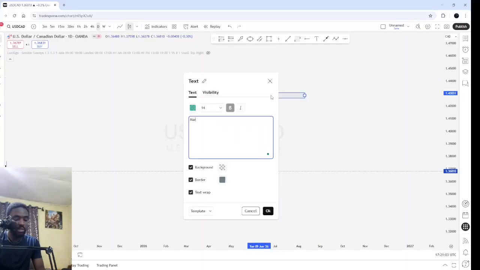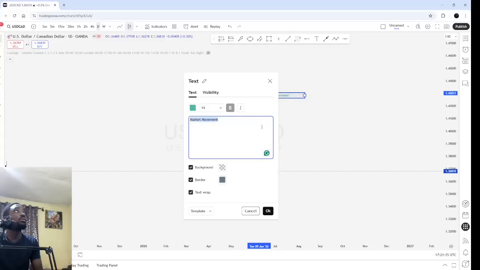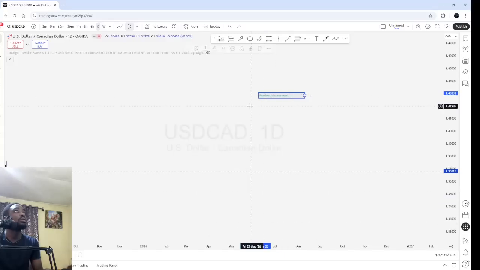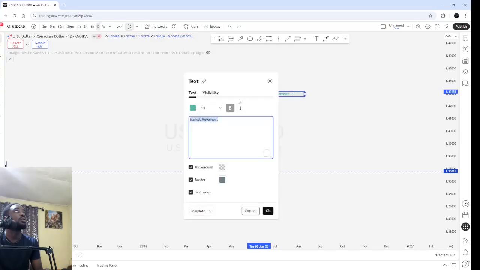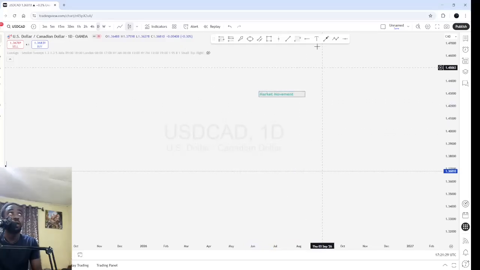So this is how the market moves. We have three phases.